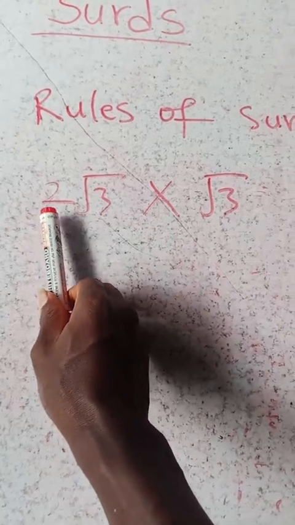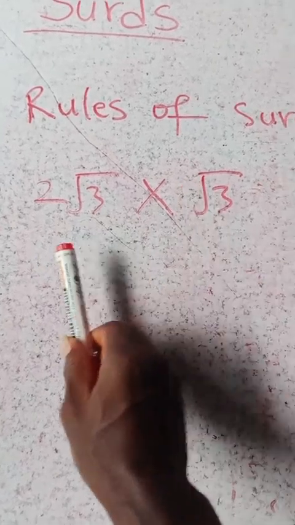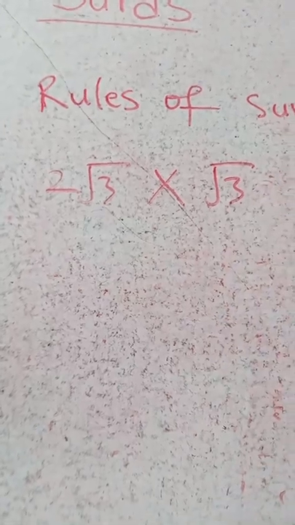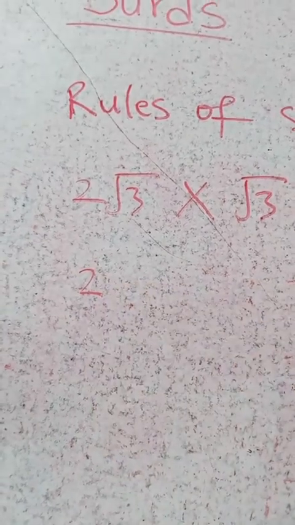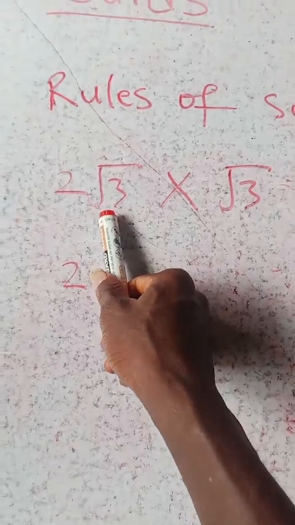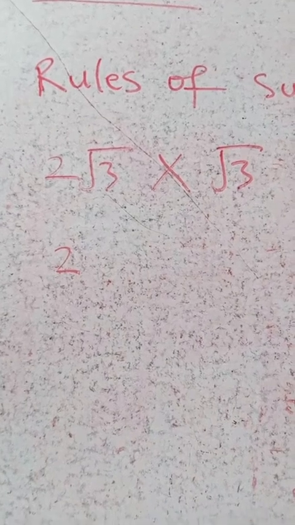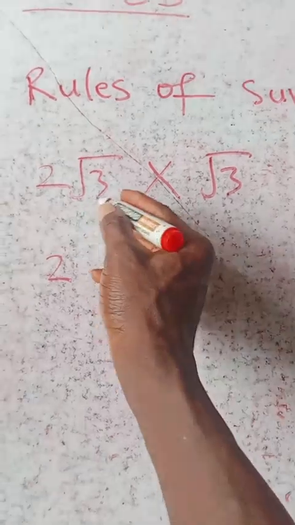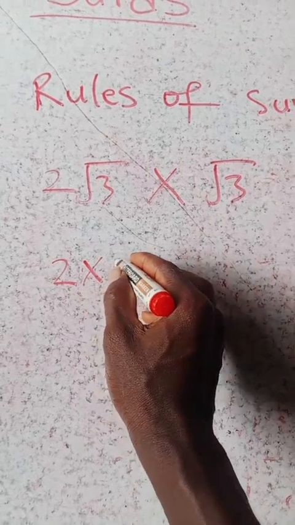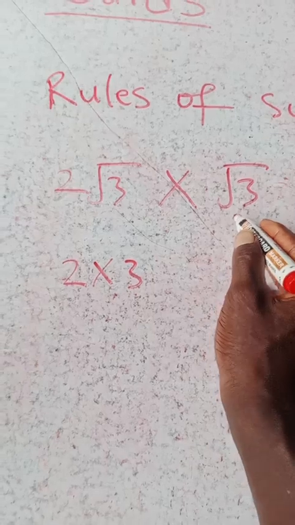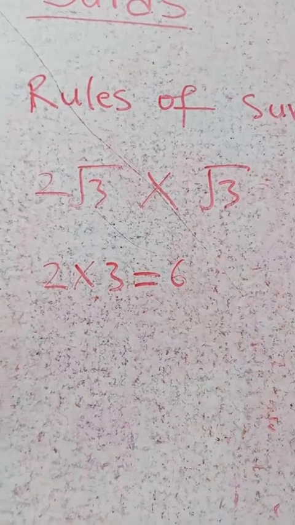Then you multiply the numbers. This is 2 and there is an invisible 1. So 2 times 1 is 2. The next one is the roots, root 3 times root 3. According to what we did earlier, that is 3, because the roots are the same and you're multiplying. So you multiply these 2 again to that 3 you got here. At the end of the day, this results in 6. Do you understand?